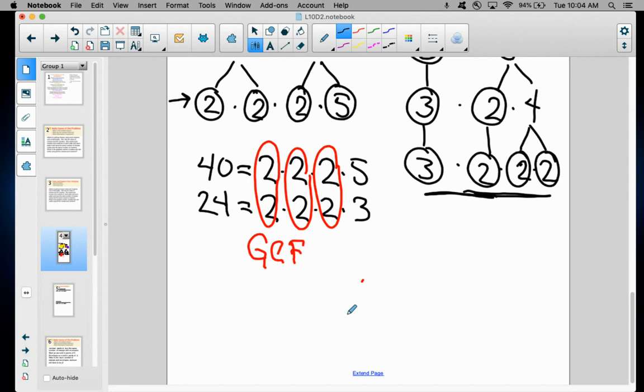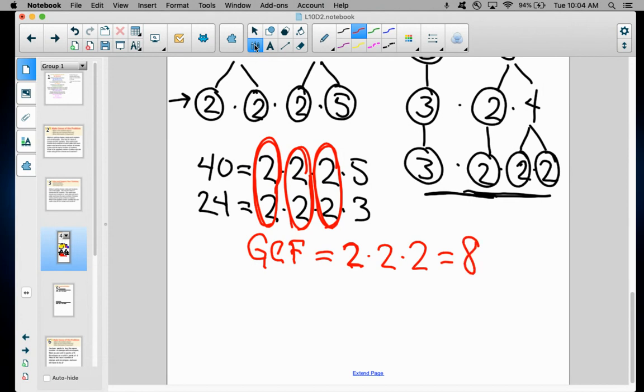My GCF, I'm going to take what is circled in red and I'm going to multiply. There's 1, 2, 3 circles. So I'm going to multiply 2 times 2 times 2. There's two 2s in this circle, but I only need to represent it once over here. And so I'm going to have 2 times 2 times 2, which is 8.